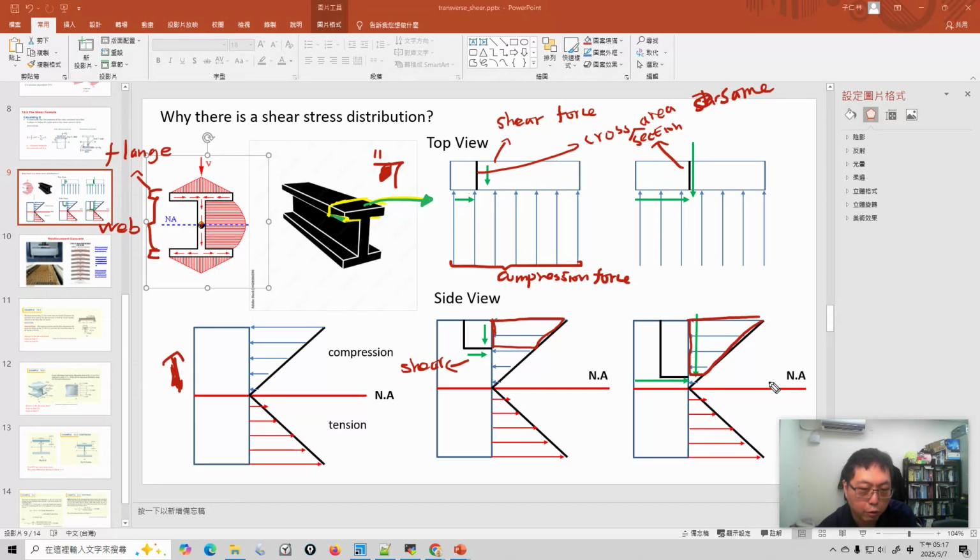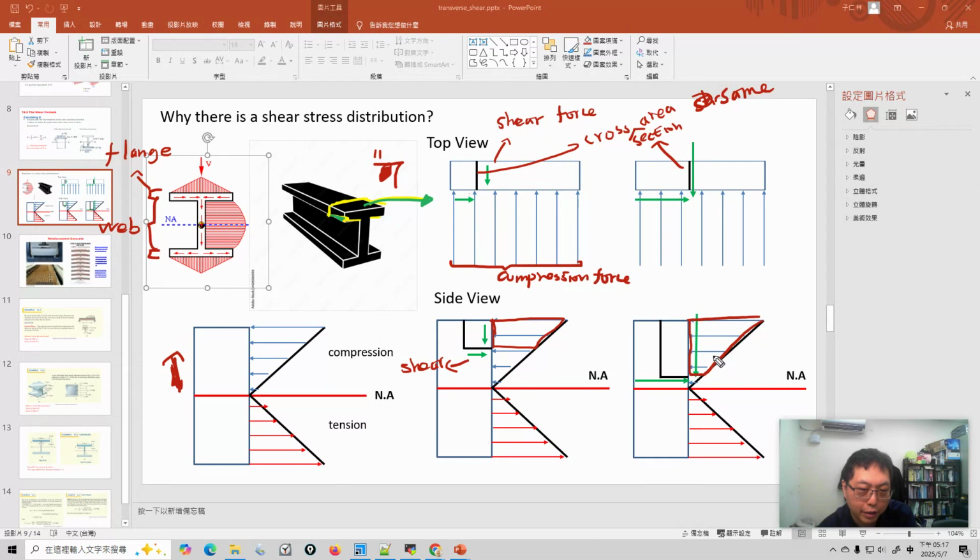So the right hand side at the bottom of the section is subject to more compression force than the left.